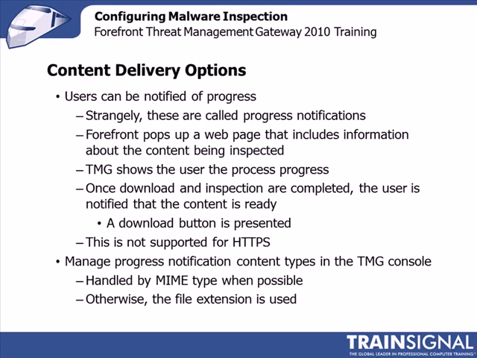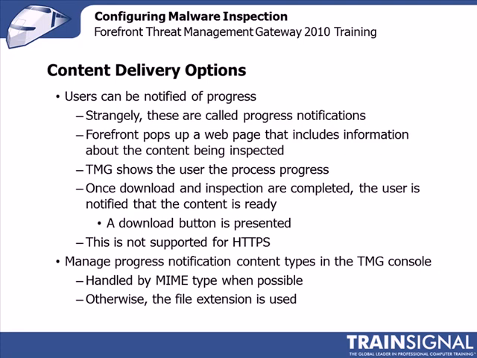Once the download and inspection are complete, the user is then notified that the content is ready and a download button is presented. This allows the user to then download the content from Threat Management Gateway. I should note, this delivery option is not supported for HTTPS. You can manage progress notification content types in the Threat Management Gateway console.